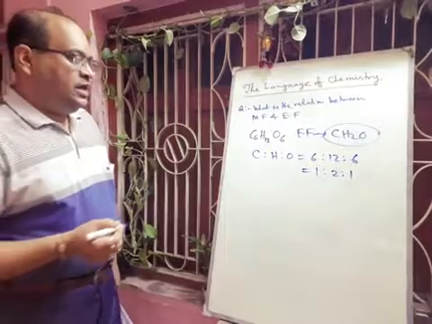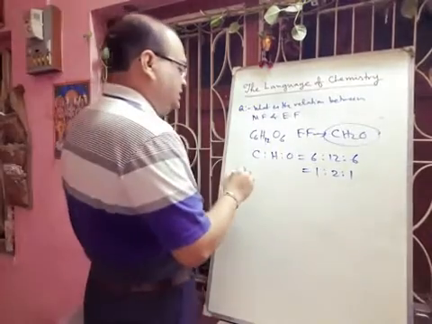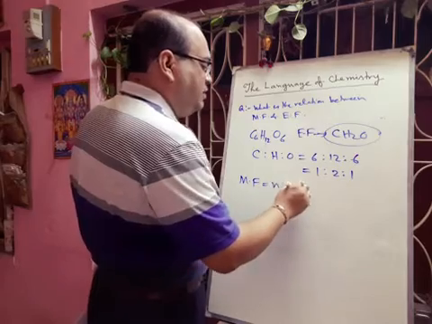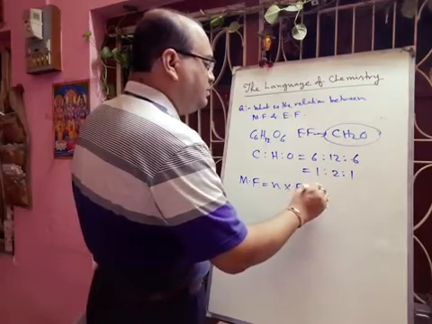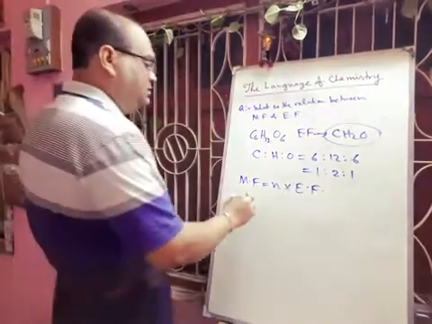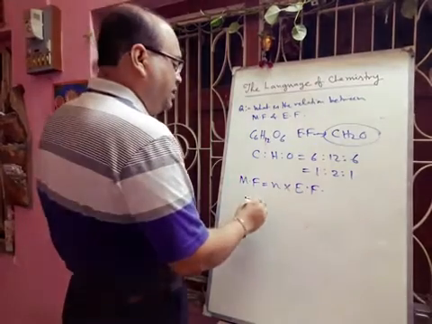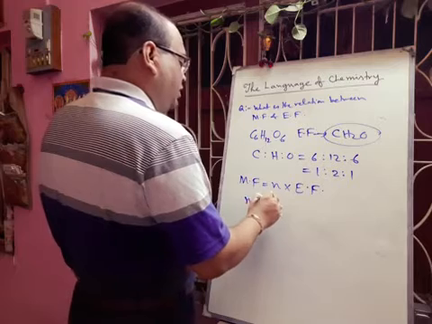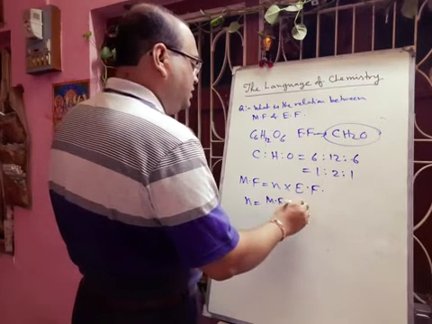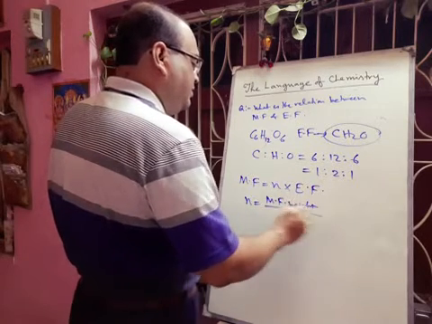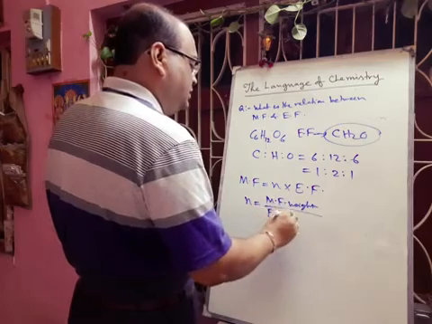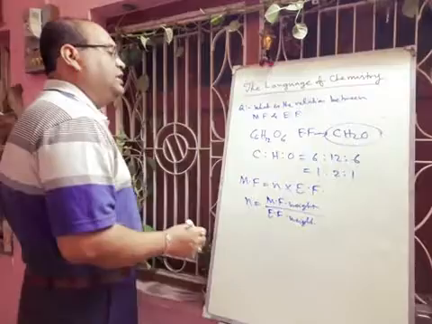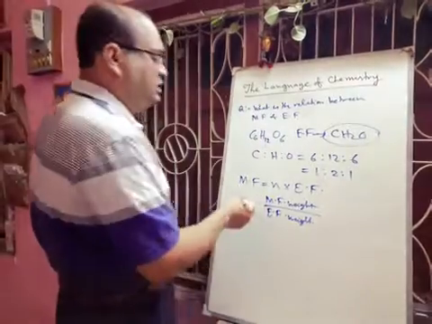Now the relation is that molecular formula is equal to n times the empirical formula. What is n? n is an integer, and n is equal to the molecular formula weight divided by the empirical formula weight. In the case of glucose, how to calculate the value of n?